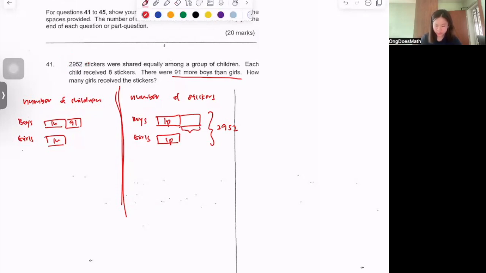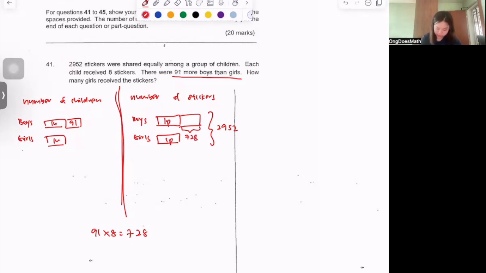So since there are 91 more boys than girls, it means that the boys receive 91 times 8 more stickers than the girls, because each child received 8 stickers. So that will give you 728. So I'll label 8 here, 728.